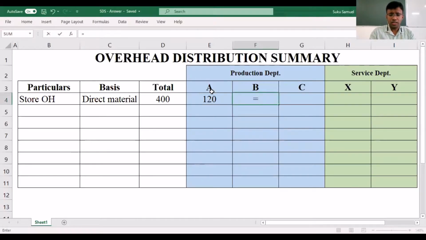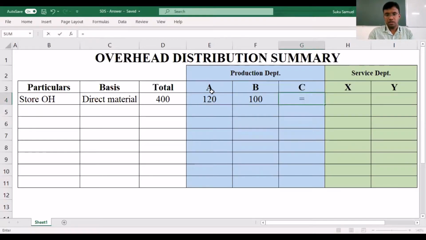So it will be 3,000 divided by 10,000 into 400. Why 400? 400 is the total store overhead. That is the reason why we multiplied it with 400. So let us proceed on that basis.